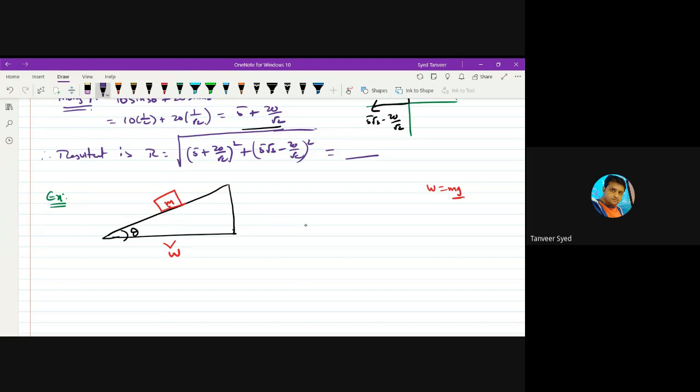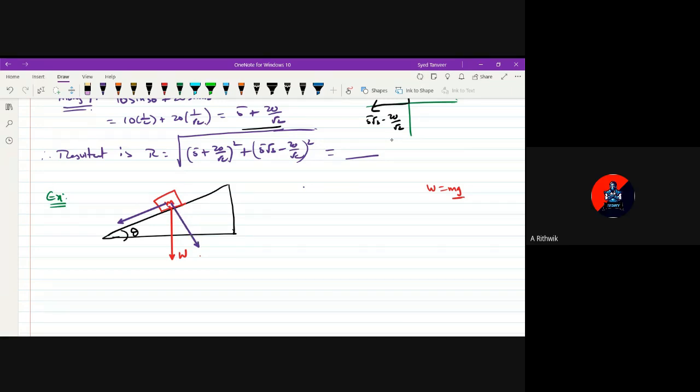Just a minute. Its weight is W, acting vertically down. To study the motion of the body, I will resolve the weight into two components. One component along the incline, parallel to incline, and other component perpendicular to the incline.